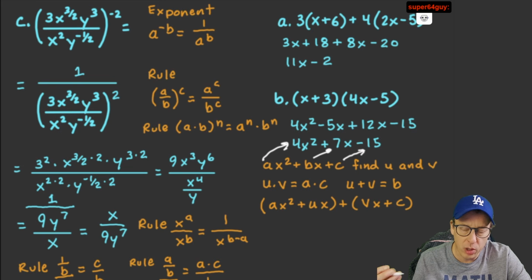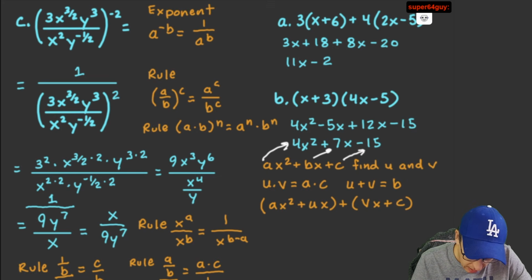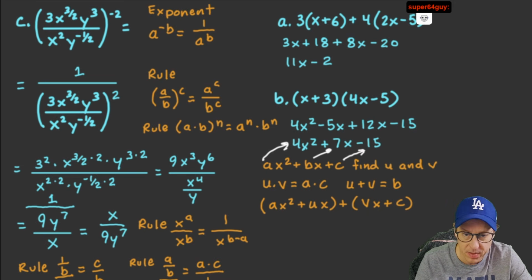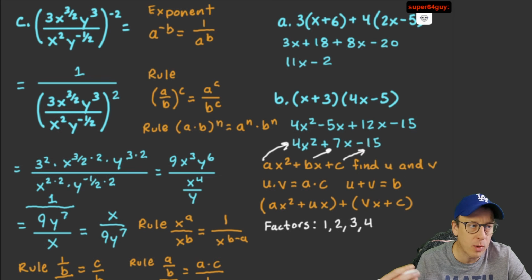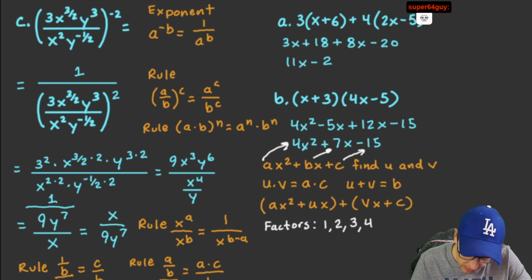So what we're going to do here is try to find the factors of both 60 and negative 60. So we'll just say factors like this. And what are those factors? Well, they're going to be 1, 2, 3, and I'm just thinking of all those values that I'm going to be able to multiply to get either 60 or negative 60.